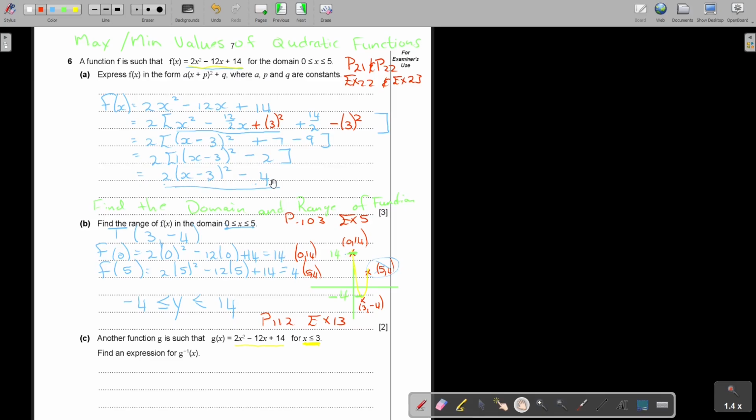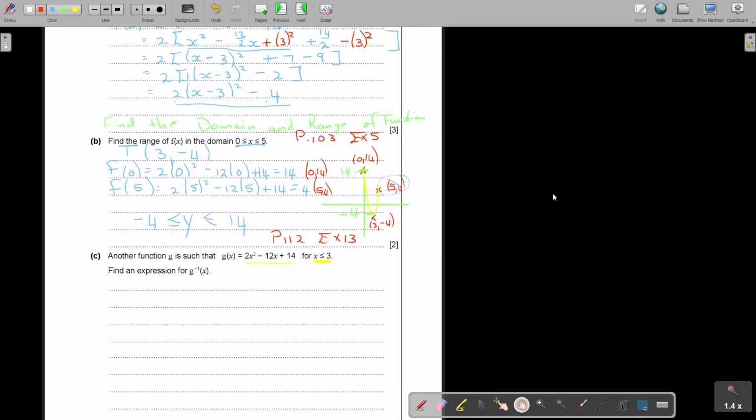So you can start with g(x) equals 2x squared minus 12x plus 14. But now you must put it first in that format, because that's exactly the same. It's just the domain that's different. So you must have it in this format.